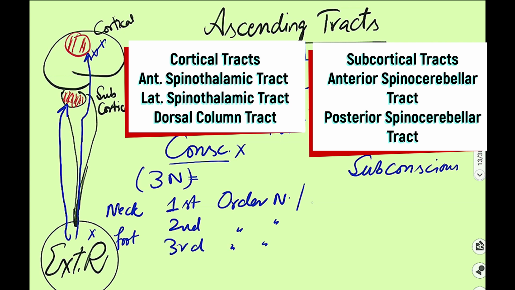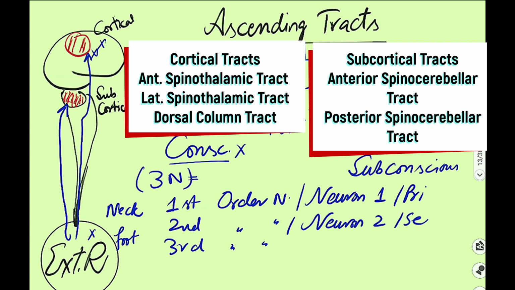Some books write the first order neuron as neuron 1 or the primary neuron, the second order neuron as neuron 2 or the secondary neuron, and the third order neuron as neuron 3 or the tertiary neuron. So these are the different names given to these three neurons.